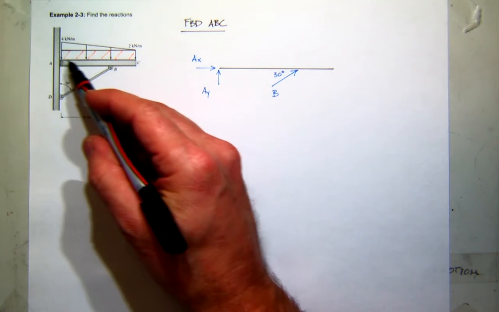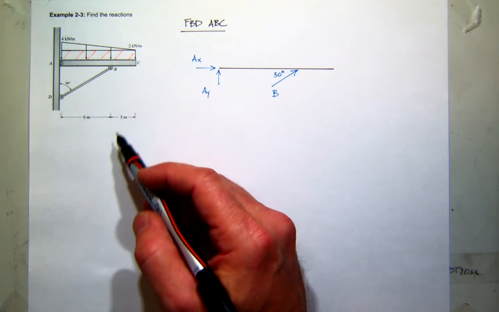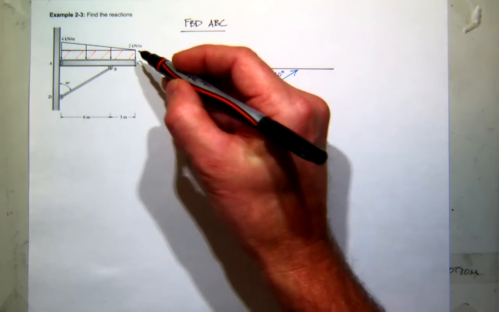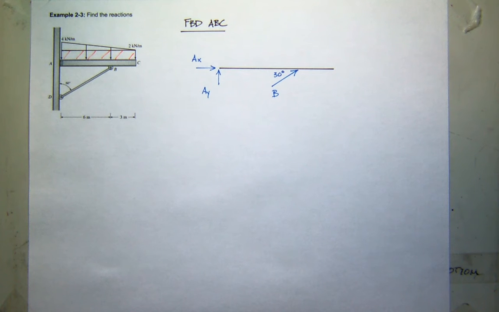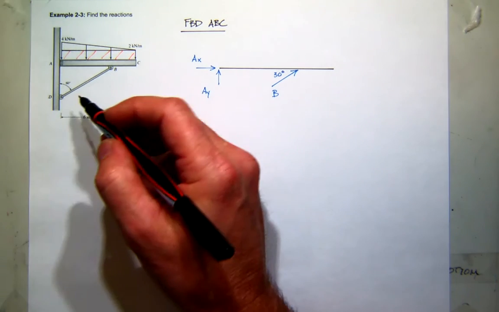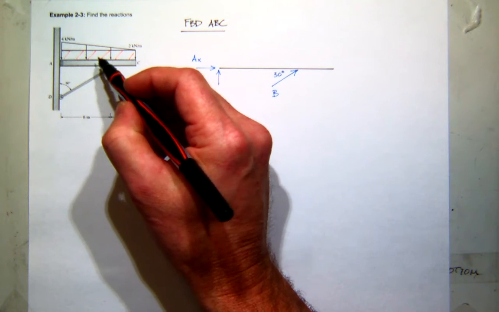So what is the area under that rectangular portion of the curve? Well, it's the base, which looks to be 9 meters, and the height, which looks to be 2 kilonewtons per meter. So that's going to be, what, 18 kilonewtons. And where's the centroid of a rectangle? Right down in the middle.